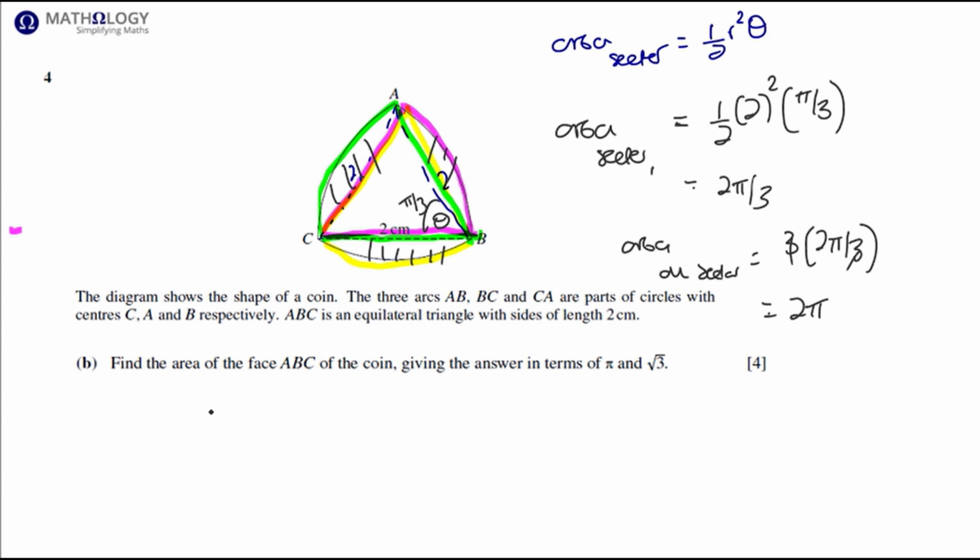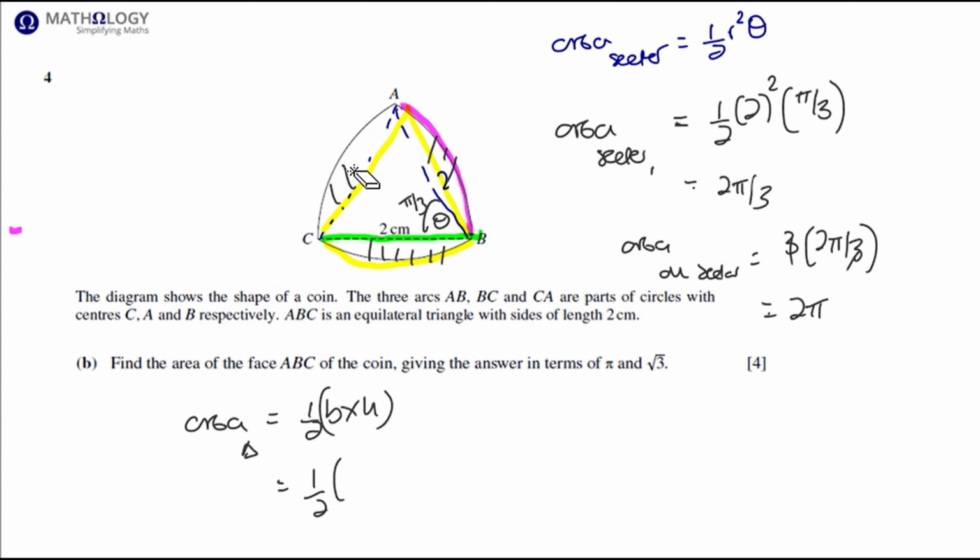So the area of the equilateral triangle is a half base times height. Now we don't have a perpendicular height. We're going to have to draw that perpendicular height in, call that h.